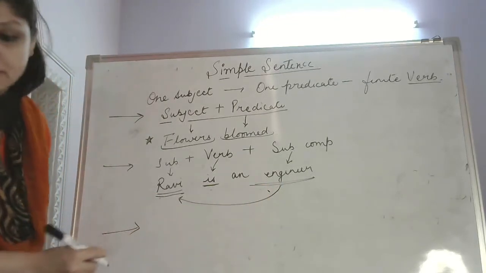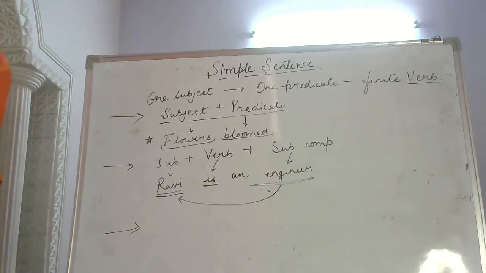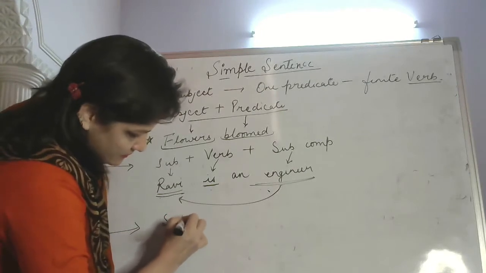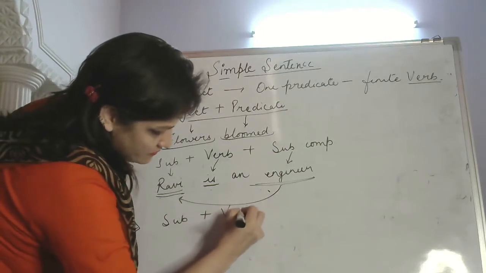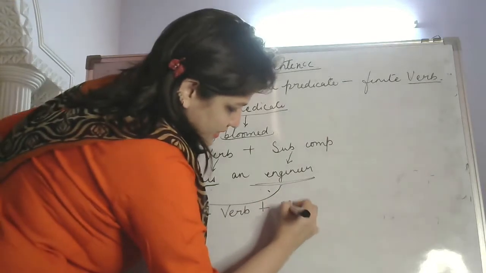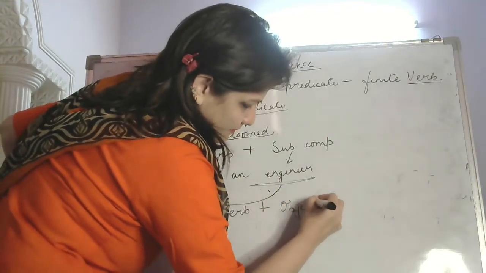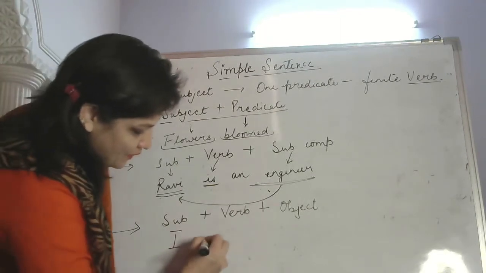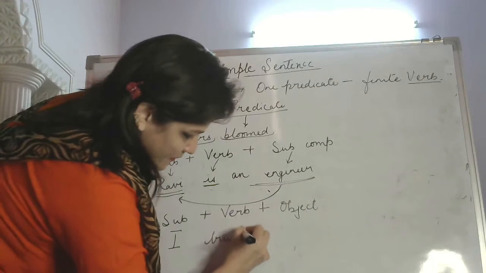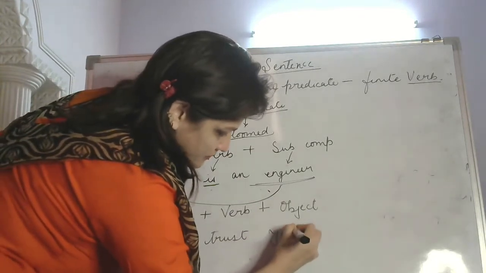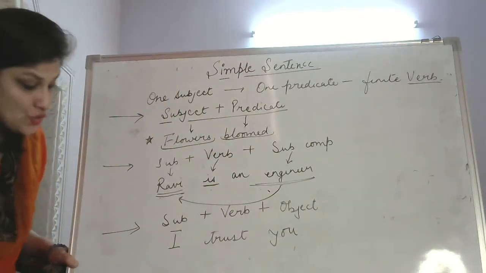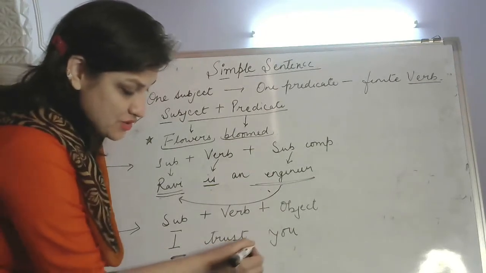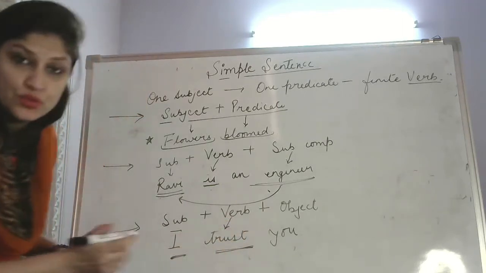Now see the third type. Subject plus verb plus object. Now, the sentence given here is I trust you. Clear? So I is the subject, we're talking about I, and the verb is trust. I hope you know what are verbs.